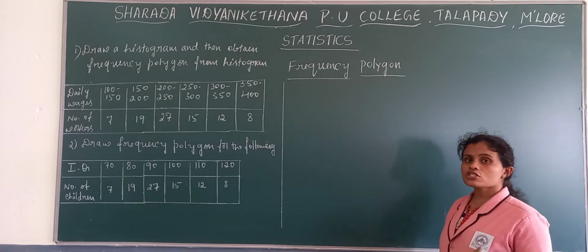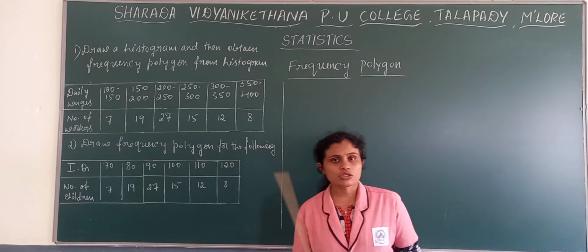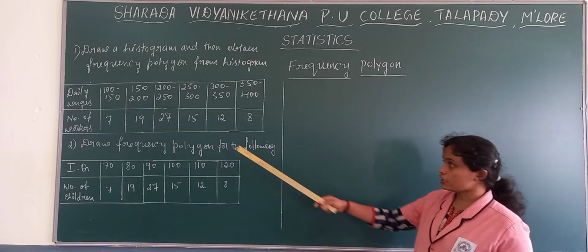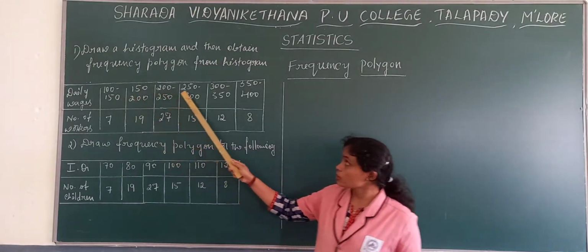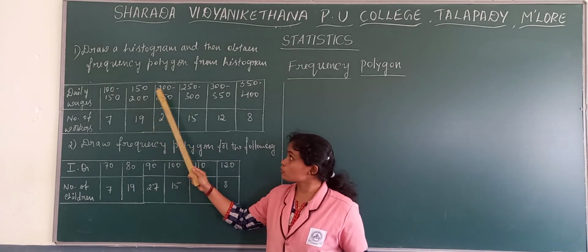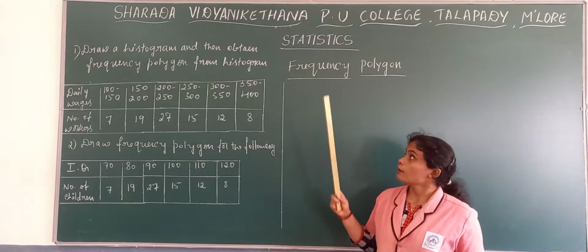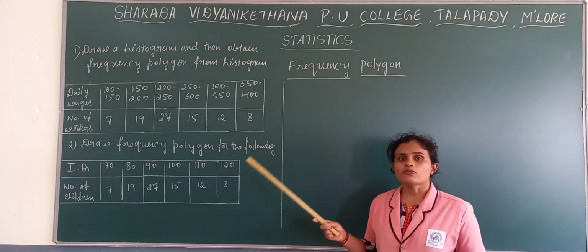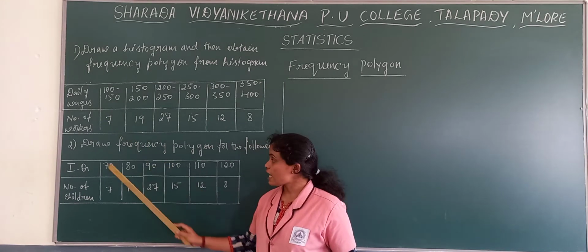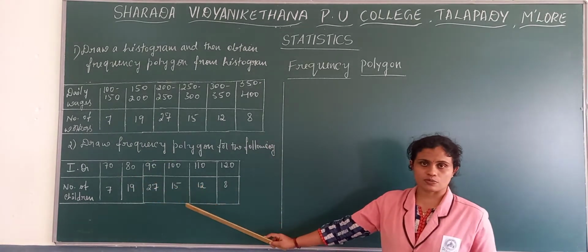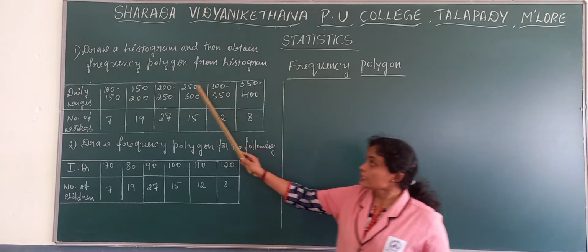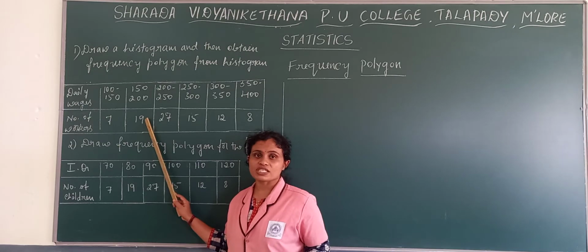The difference between histogram and frequency polygon: a histogram we use to represent only continuous frequency distribution. Continuous frequency means this kind of distribution: 100 to 150, 150 to 200, 200 to 250. But in case of frequency polygon we represent continuous frequency as well as discrete frequency distribution. See here, there are two kinds of frequency distributions. This first one is a continuous frequency distribution.